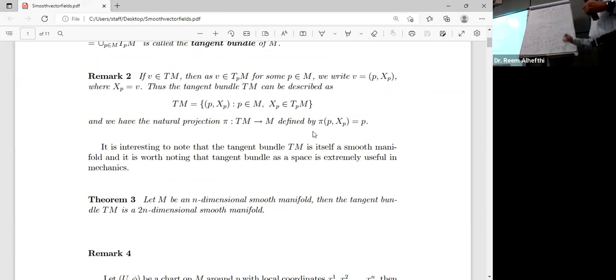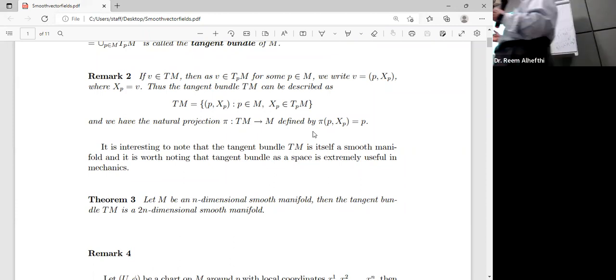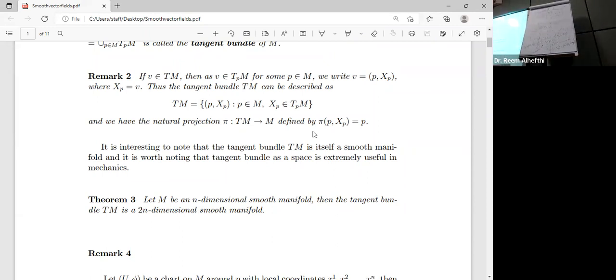These give you the two coordinates on the tangent bundle of the circle. That is to say, if you have a smooth n-dimensional manifold, its tangent bundle is a 2n-dimensional smooth manifold.